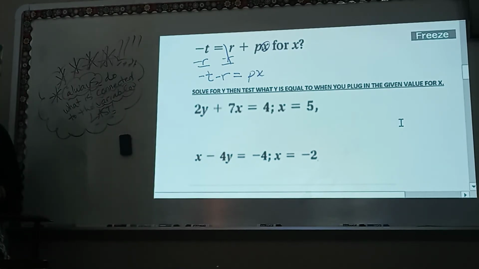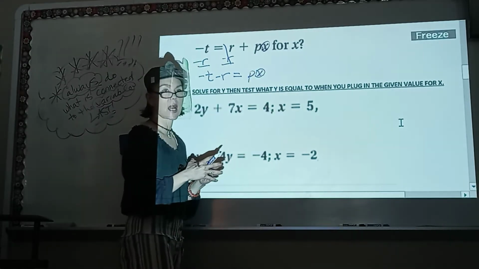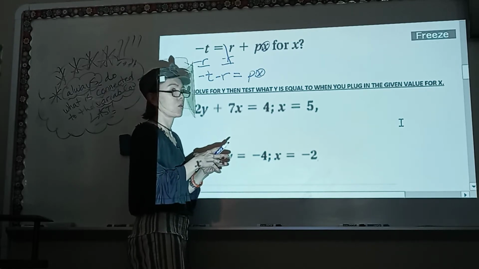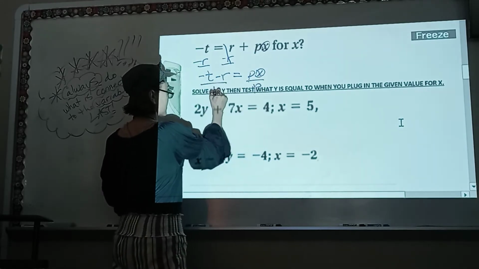Now, have we solved for x? Circle it. No, we have not. That is p times x. We have not gotten the x all by itself. What's the opposite of p times x? Divide. So you divide by p on both sides.